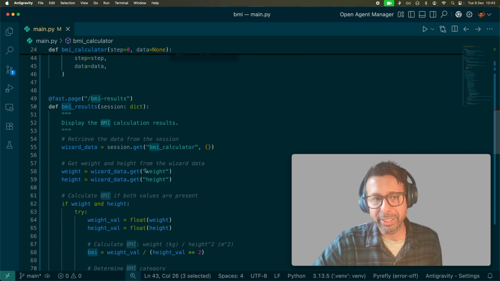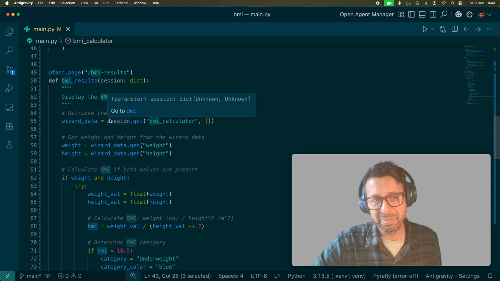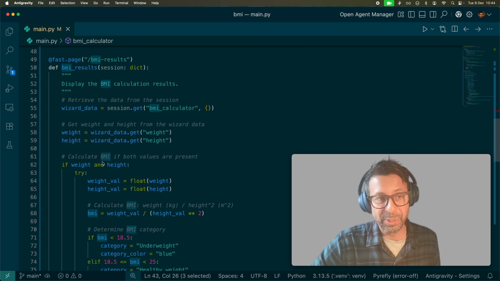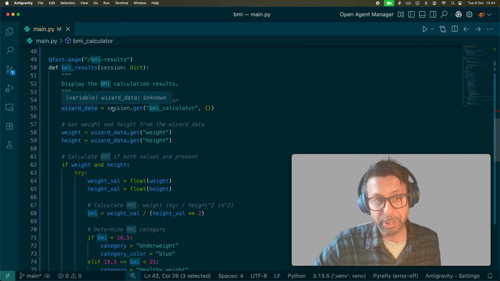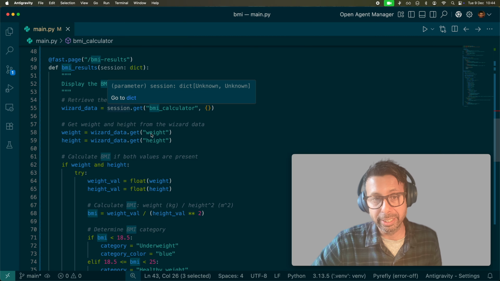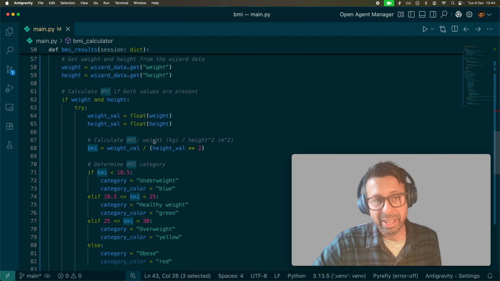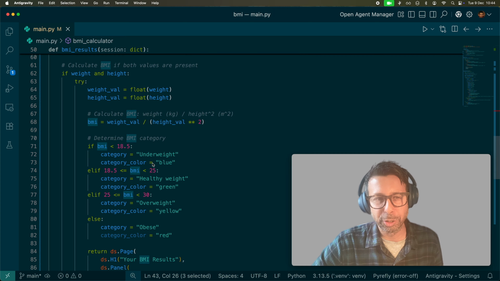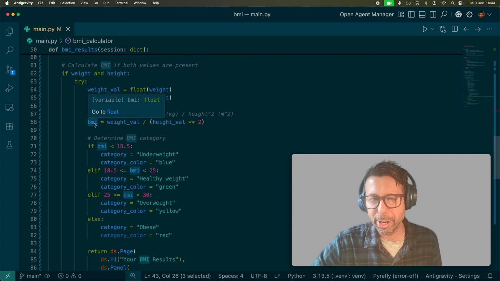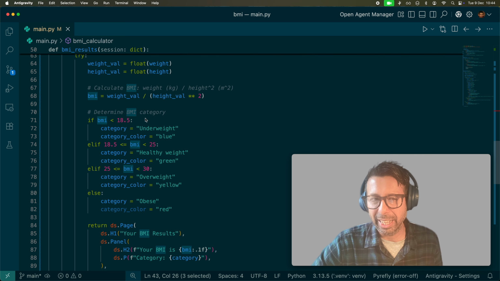And when you redirect to this URL, the rest of it is Python, right? The first thing is that you get the data off the session. In this case, it's weight and height. And at this moment in time, what it's doing is using these numbers to compute the BMI and then determine a category.